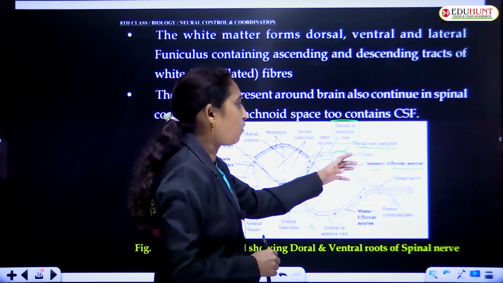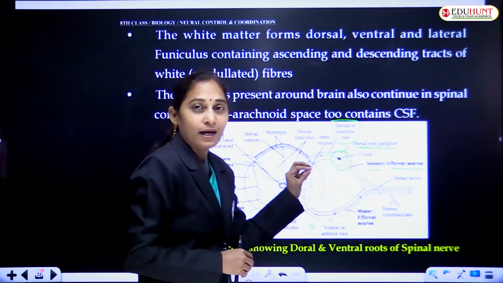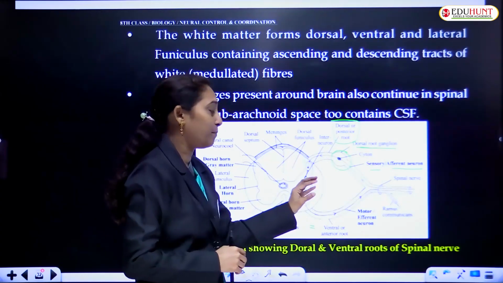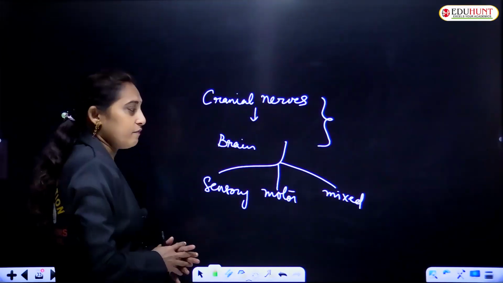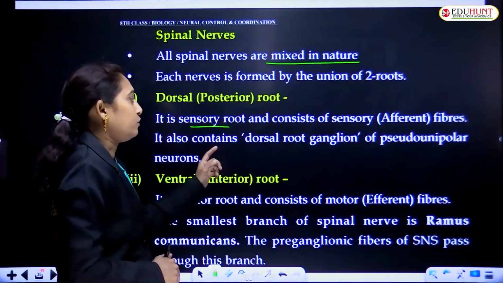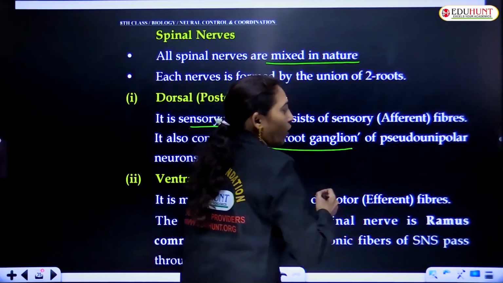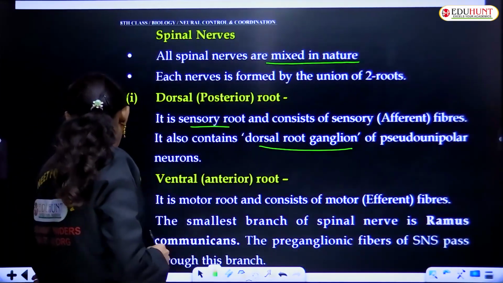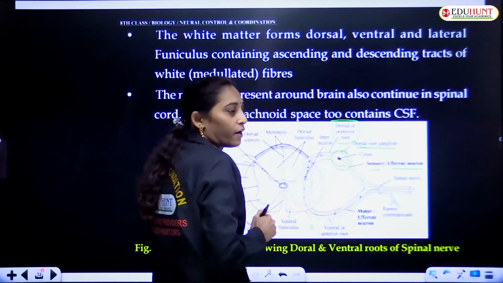The dorsal part is afferent and sensory type, and the ventral root is efferent and motor type. The dorsal root ganglion, as seen in the picture, is formed by pseudo-unipolar neurons.